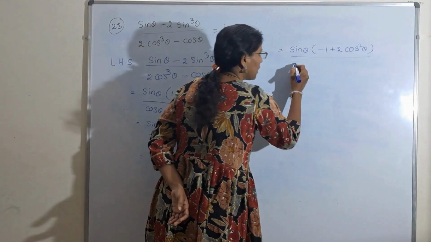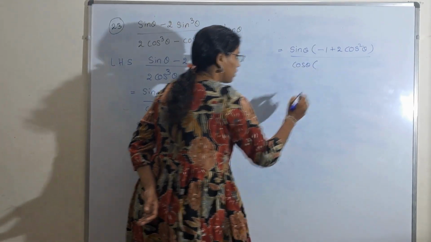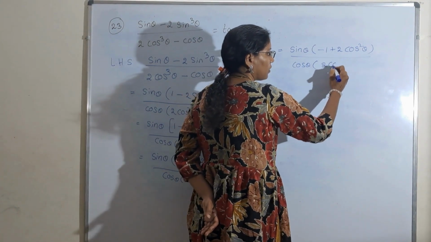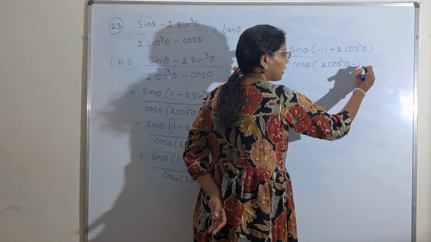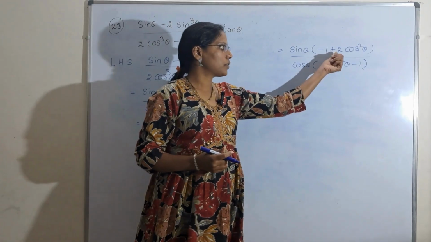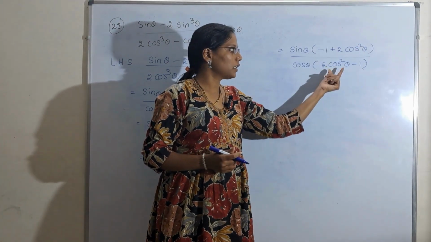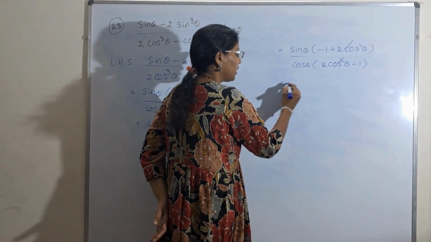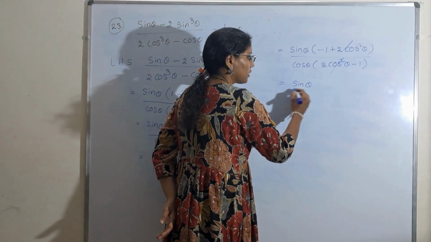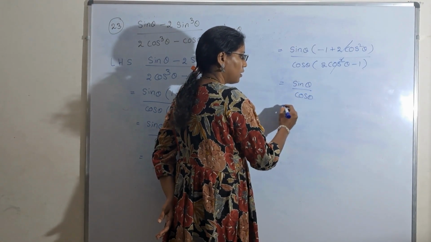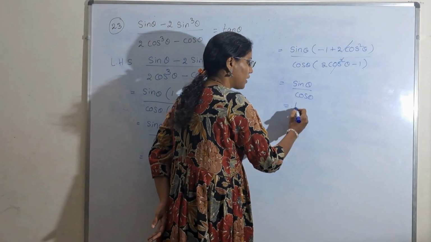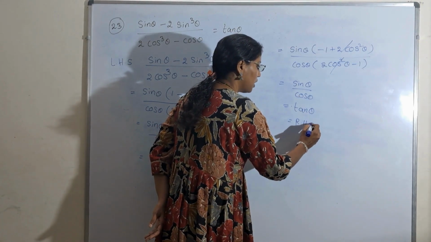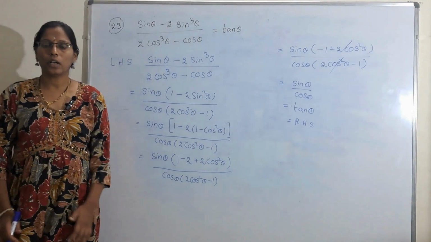Denominator as it is, we should write cos theta of (2 cos square theta minus 1). Numerator, you should observe, 2 cos square theta minus 1; denominator, 2 cos square theta minus 1. Both cancel. Remaining sin theta by cos theta, whose value is tan theta. This is RHS. Therefore, LHS equal to RHS.